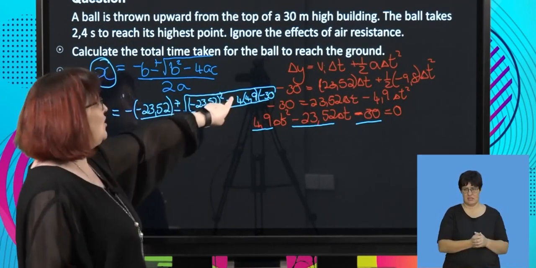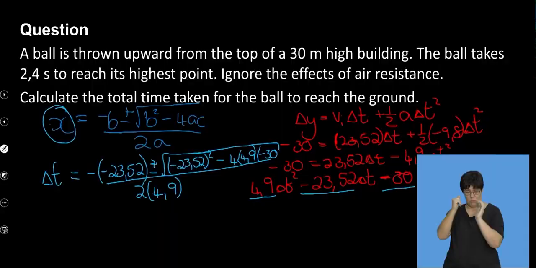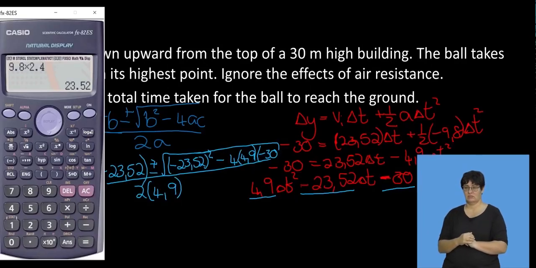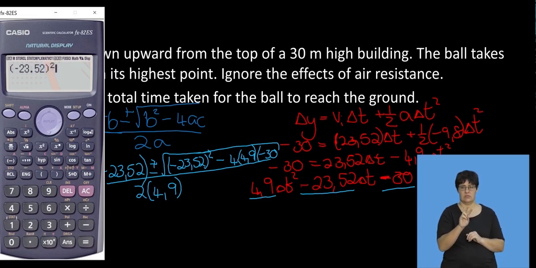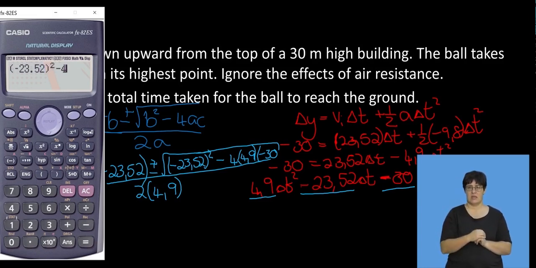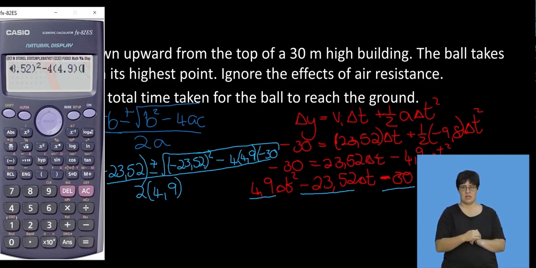I'm going to solve what's in the square root first, because I want to get rid of that square root. So I've got, let's do it this way, minus 23,5, whoopsie, I can use the calculator, squared, minus 4 times 4,9 times minus 30.